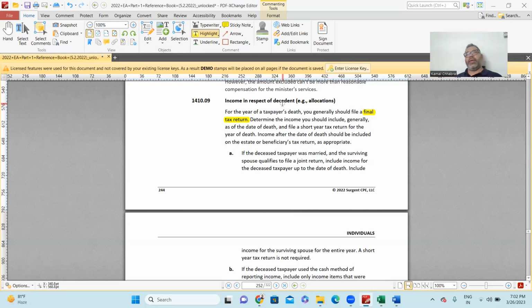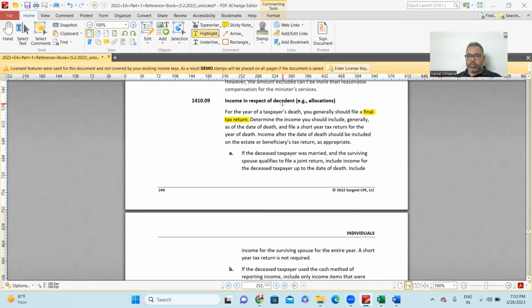And all the income generated from the assets of Mr. X after his death will go into the income of the descendant. So let's assume Miss X is the descendant. So 1st October to 31st December, all the income will go to Miss X's tax return. Make sense? Yes, sir.